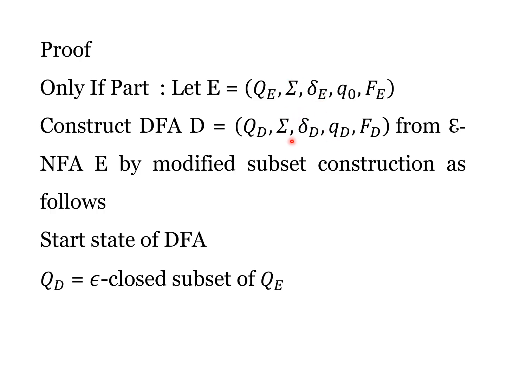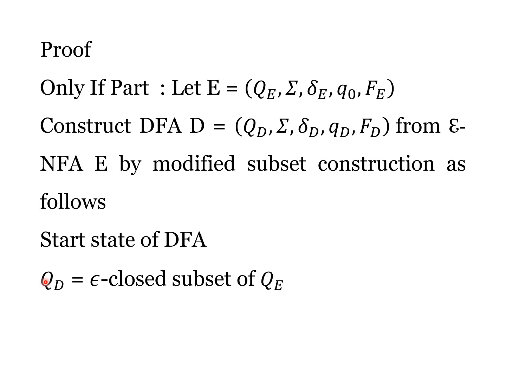And you want to find the transitions for the DFA from the transitions of the epsilon NFA, the start state of the DFA from the start state of the epsilon NFA, and the final states of the DFA from the final states of the epsilon NFA. So how are we going to do this?